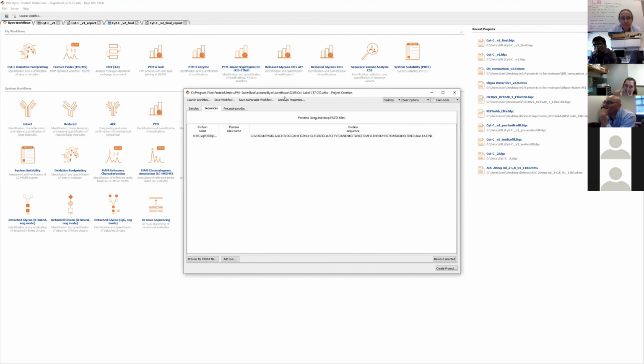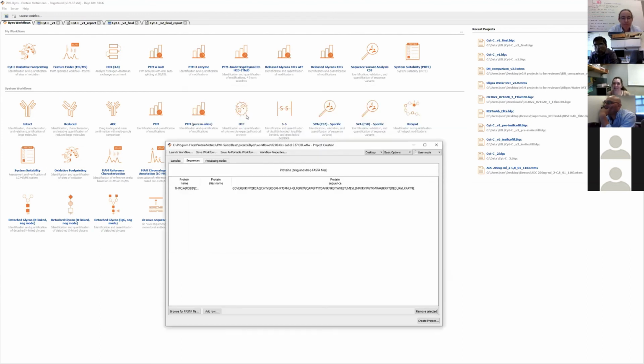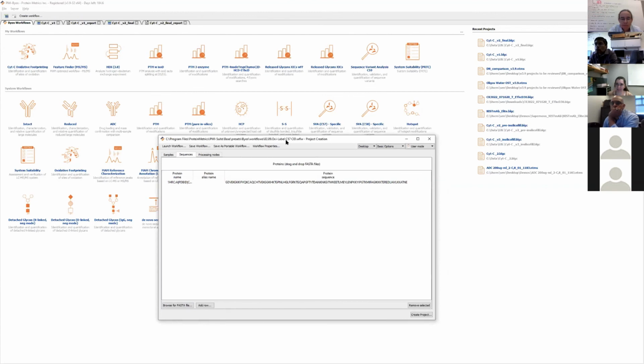So Lisa will have to start from the HCP project. And that is configured to actually get a FASTA file as a whole, so you don't have to select individual proteins. But for all other experiments where you're looking at one, two, or a few proteins, this will work.